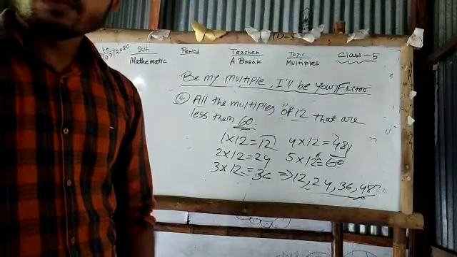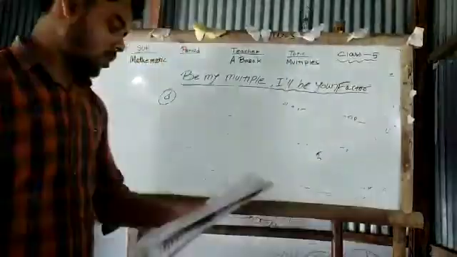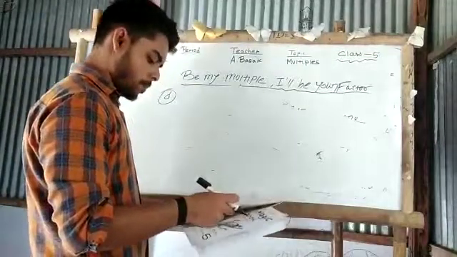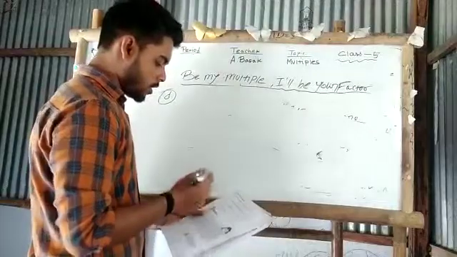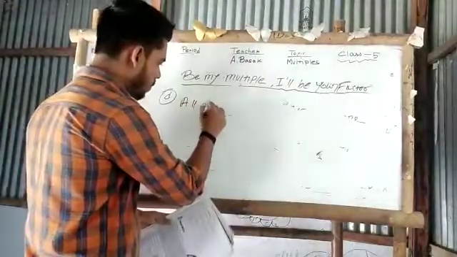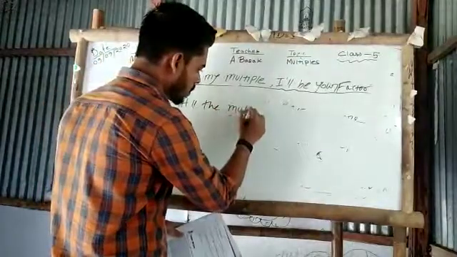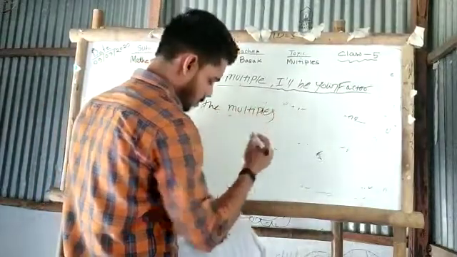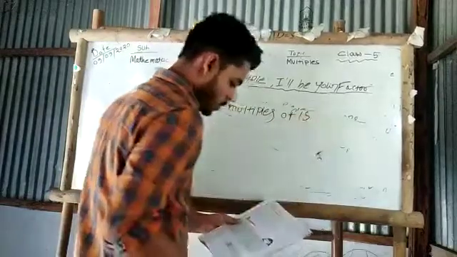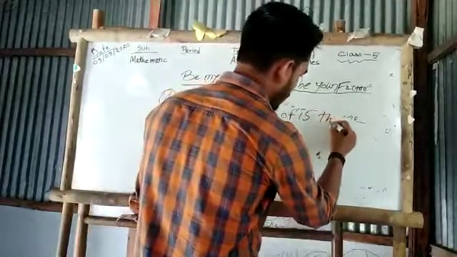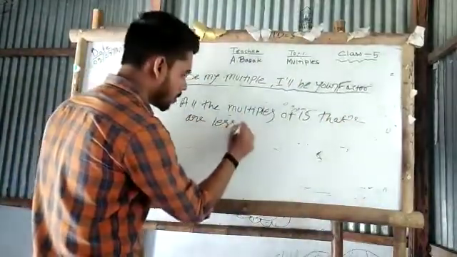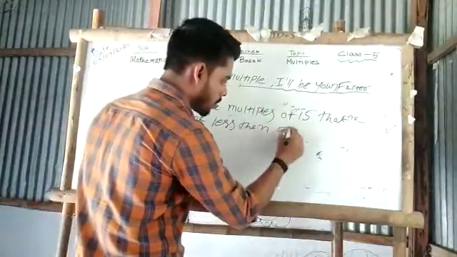Okay, so students, this is the last question that you have from the page number 51, and this is your homework. Okay, all the multiples of 15 that are less than 50.